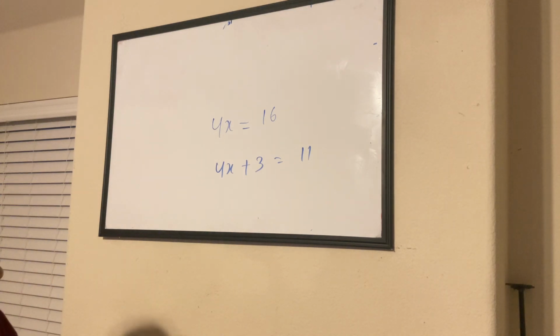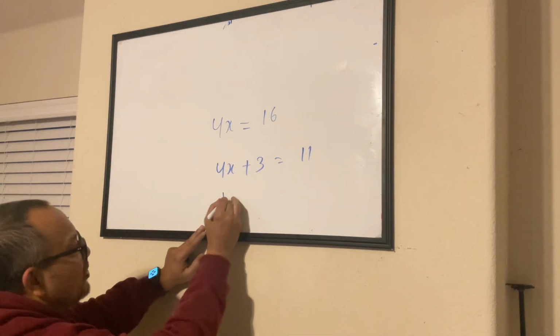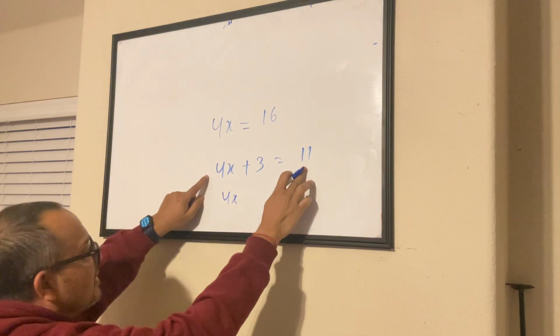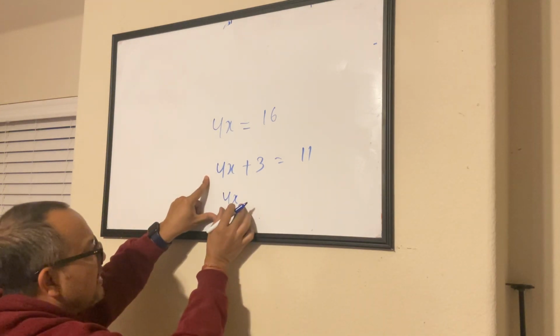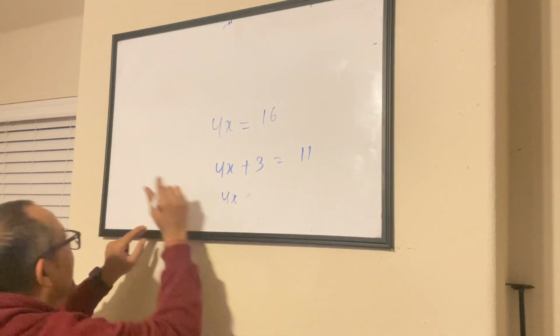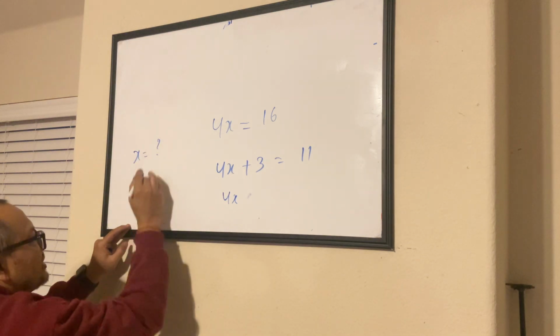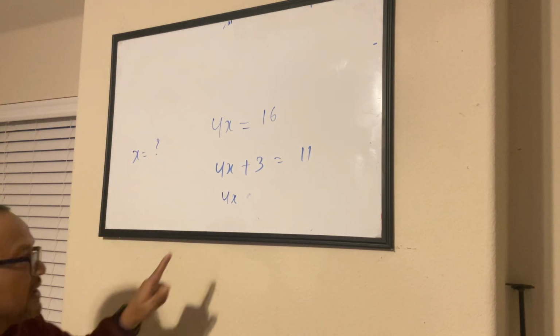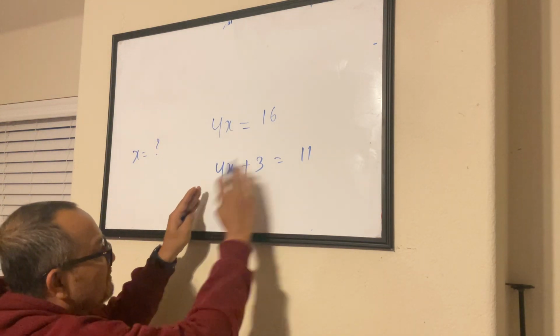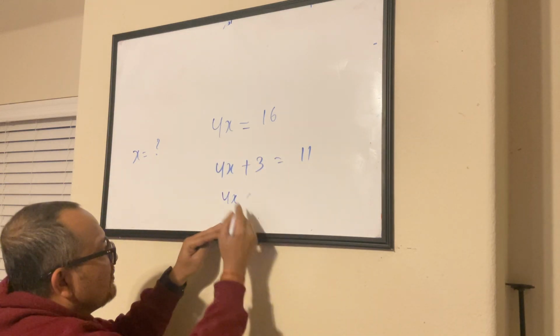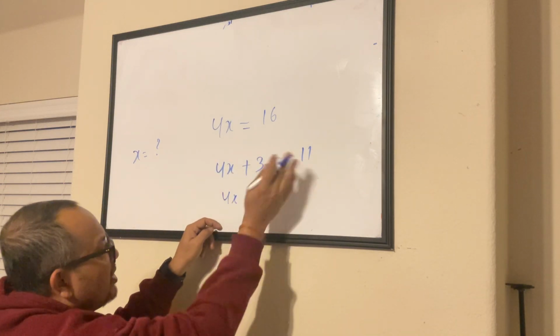But again, why so? Simple thing. 4x plus 3 equals 11. We want to keep x on one side and come to a point where x equals something. That means we want to kick everybody out from this side. Knock off 3.